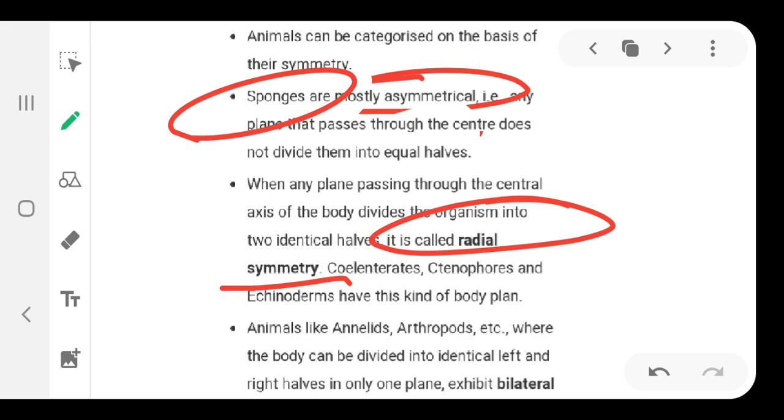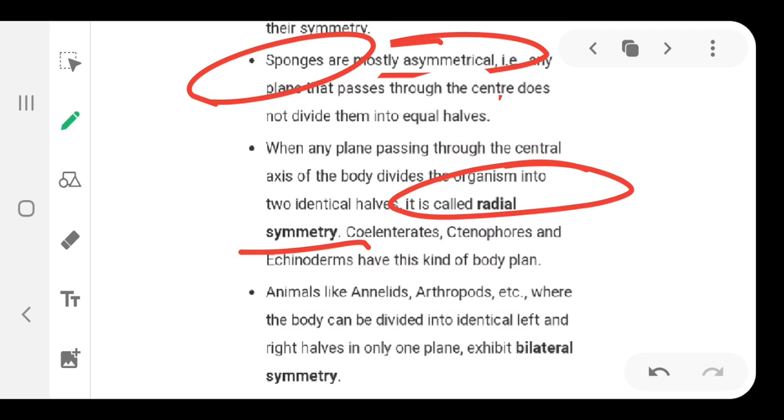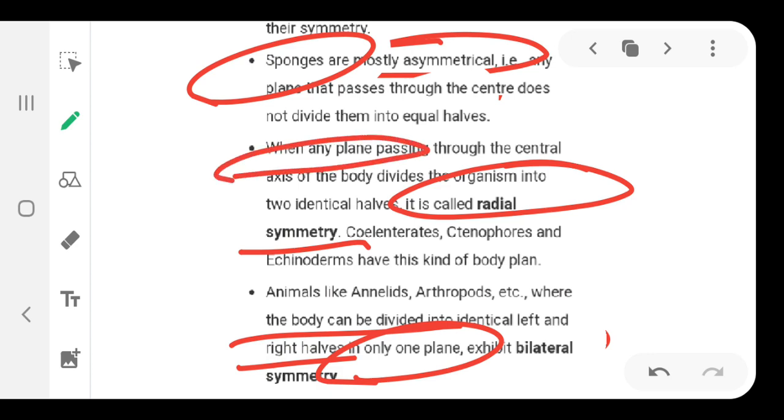Examples are there, we will read about them as we move through the tutorial. Similarly, there is bilateral symmetry. In bilateral symmetry, you can write it down, the body can be divided into identical left and right halves only in one plane. Make sure of that. In radial symmetry, any plane works, and in bilateral symmetry, it is one plane only.